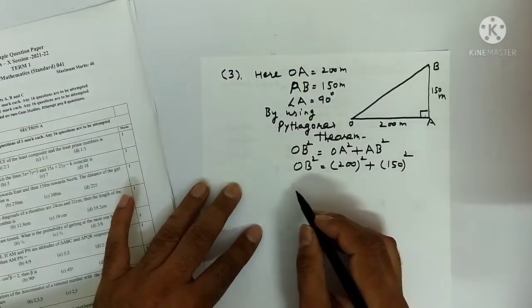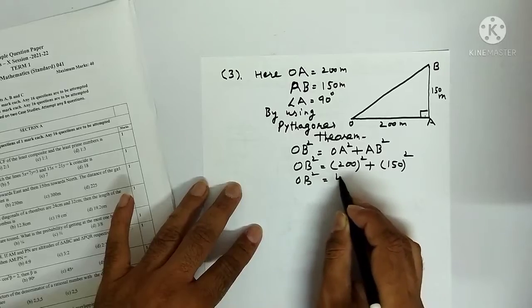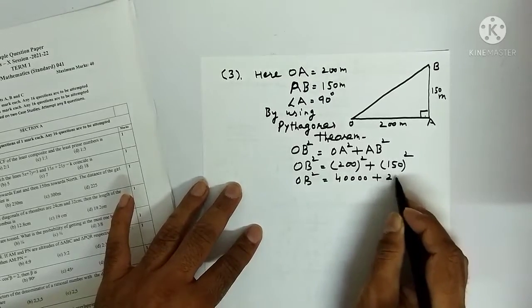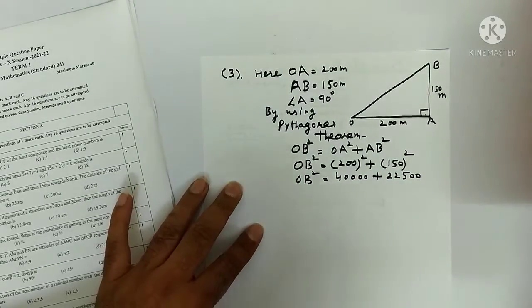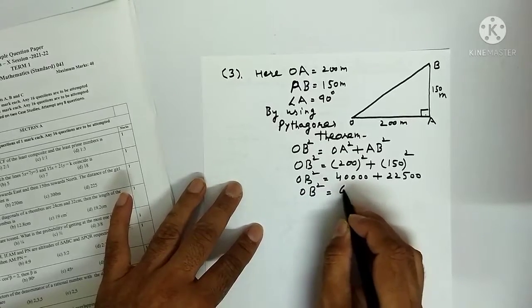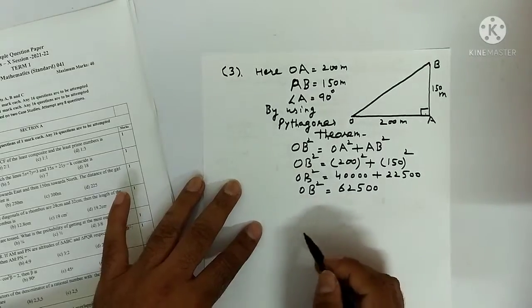Now solve it further. OB square is equal to 200 square, which is 40,000, and 150 square is 15 15s are 225 and 2 zeros will be there. Adding these two, OB square is 62,500.